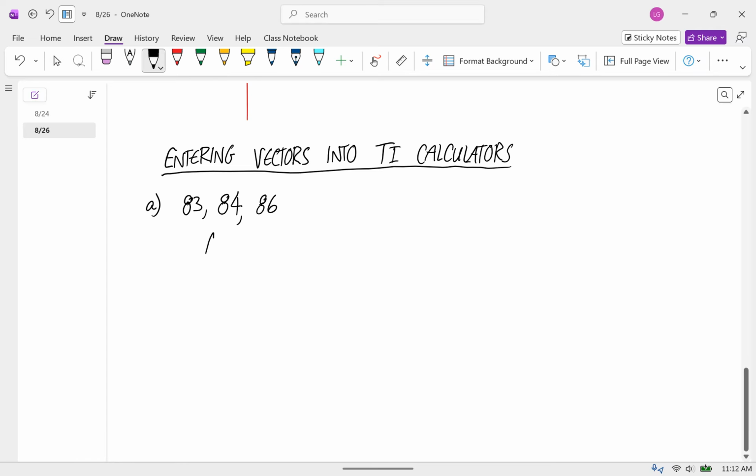You have to go to the matrix. Well, you don't have to actually, not in every one of these cases. This is just one way you can do it. But you can go to the matrix environment. That's like hit the second button, go to math, and that takes you to matrix. Then go to edit.